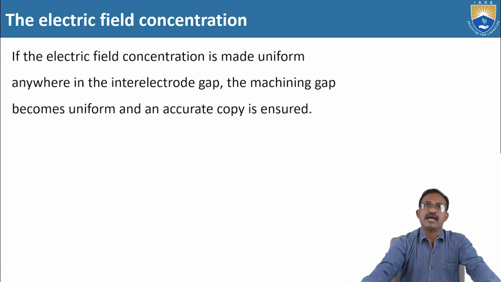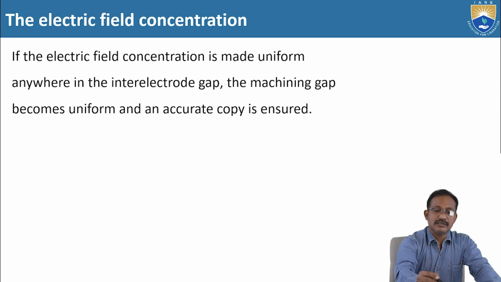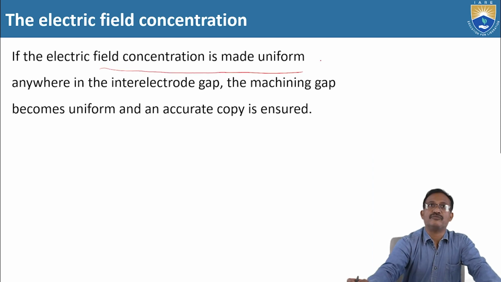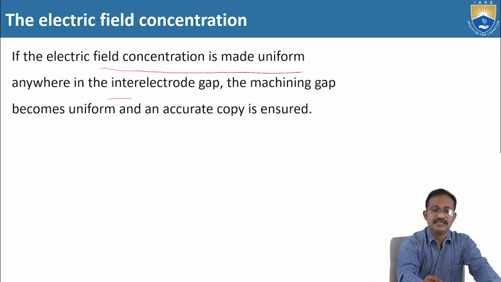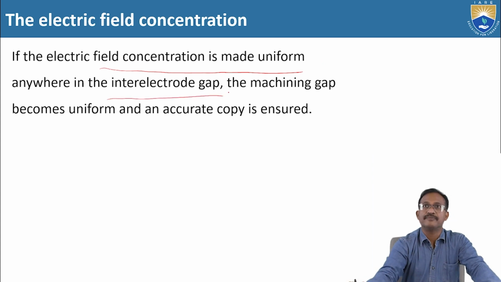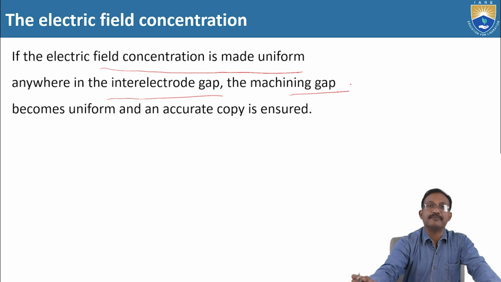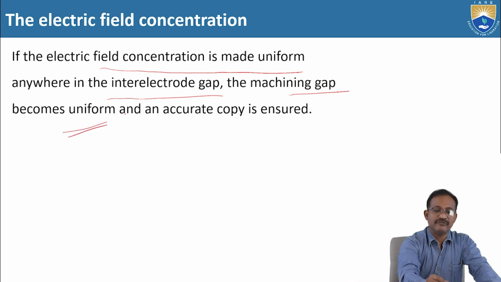Regarding the electric field concentration, if the electric field concentration is made uniform anywhere in the inter-electrode gap, the machining gap becomes uniform and an accurate copy is ensured. So if this is uniform, the machining gap becomes uniform.